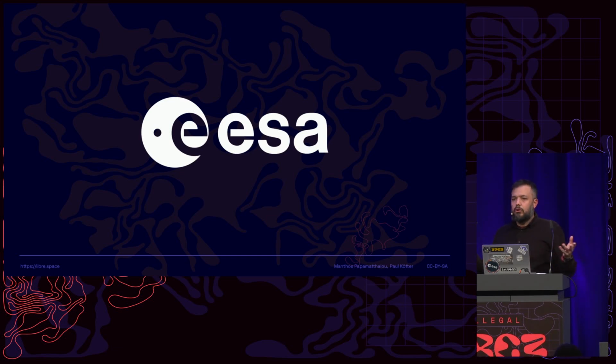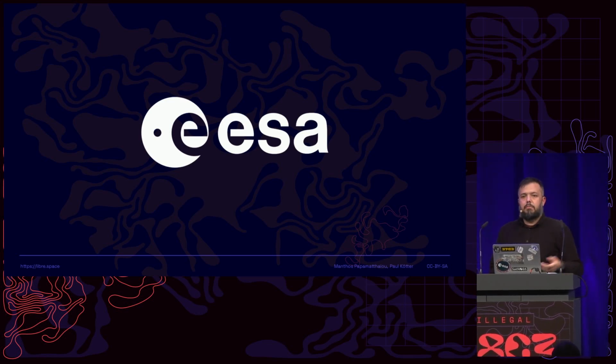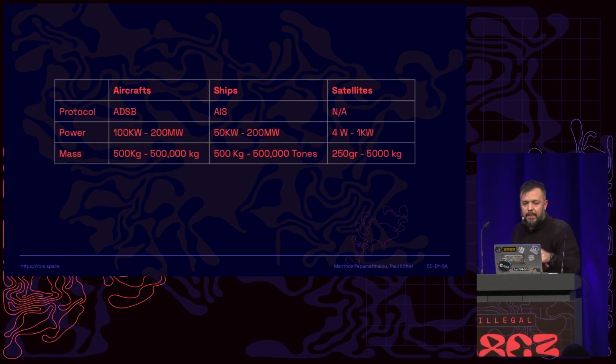There are networks with antennas on the Earth receiving those signals, and they display the position of every aircraft on maps, and those data are free. You can set up an antenna, go outside and listen to every aircraft passing by. For aircraft this is called ADS-B, and for ships, AIS.